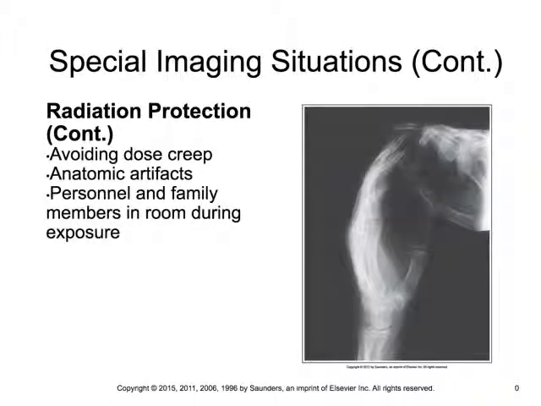So, avoiding dose creep, avoiding anatomic artifacts. We see this a lot in surgery, where the surgeon's putting the anatomy out there. He's got his hands right in the area that we're trying to take an image of with the C-arm, right? So now we've got overlap of anatomy.